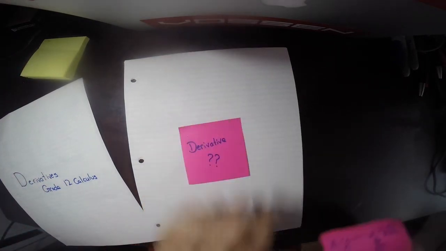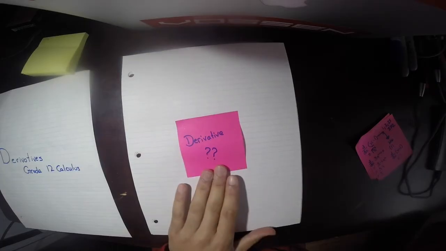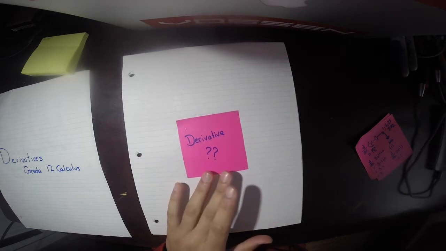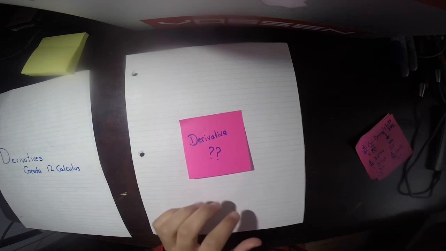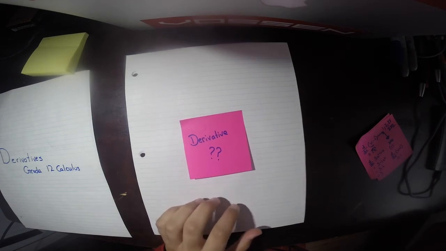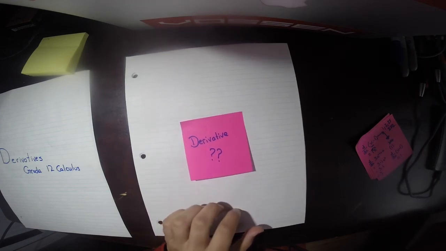So now, let's start off with our first part: what is a derivative? Well, the derivative is a function, a rule, that assigns to each value of x the slope of the tangent line at the point x, f of x.